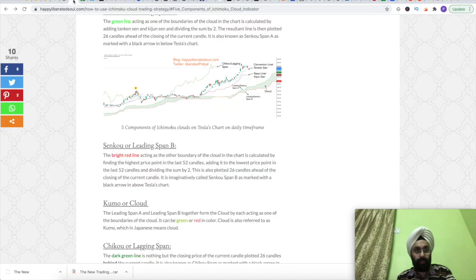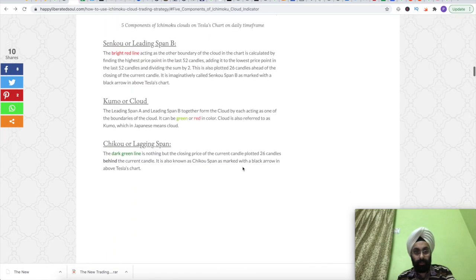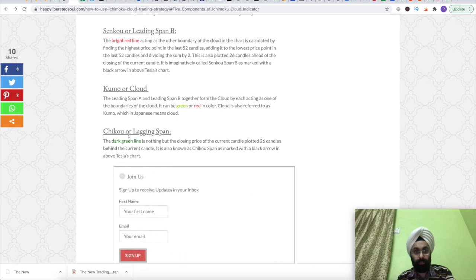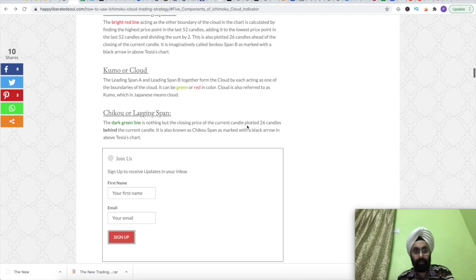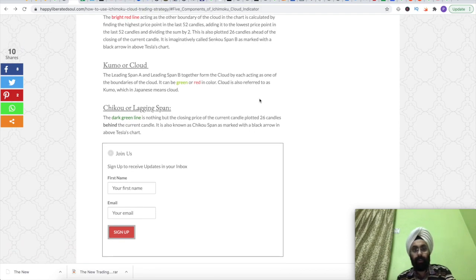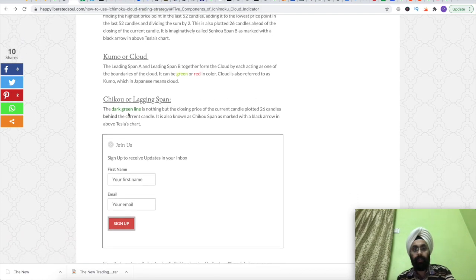Let us come to the next component, which is none other than the Chikou span or the lagging span. This is the dark green line, and the dark green line is nothing but the closing price of the current candle plotted 26 days behind the current candle.